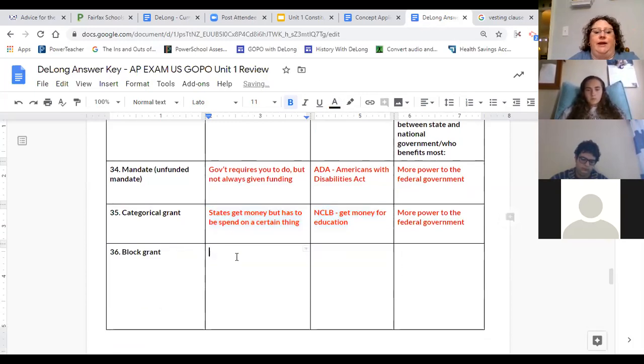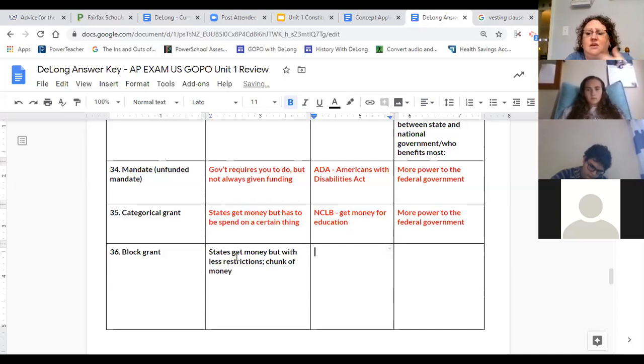All right, block grants. States get money, but with fewer restrictions, right? Basically, as I like to think of it, you get a chunk, a block of money, okay? And they may say you have to spend it on, say, transportation, and then you decide, do you want to spend it on roads? Do you want to build up your airports?